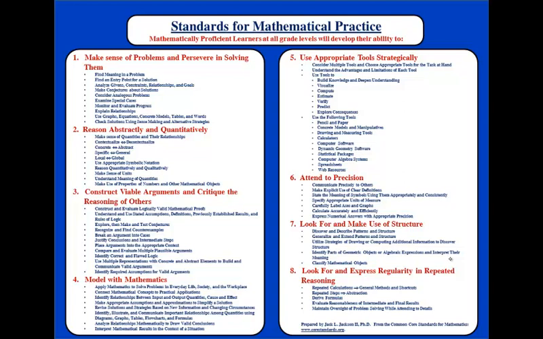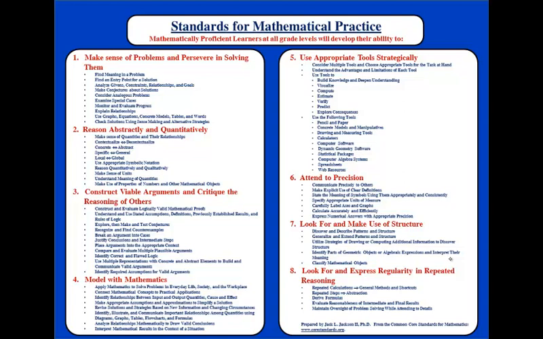So again, these standards for mathematical practice describe what a mathematically proficient learner looks like at all grade levels, K through 12, but not only there, also in college as well. And so my main overriding goal is to develop mathematical reasoning, these general kinds of skills in students. The skills that are specific to each class are very important.